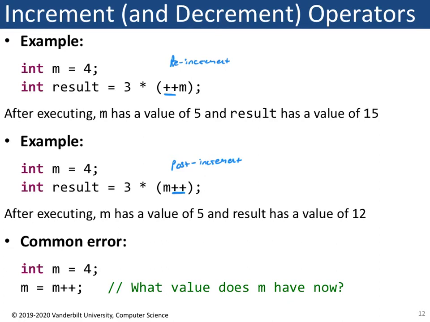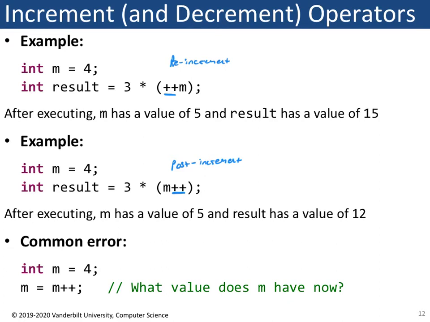The unary operator plus plus is going to increment m first and then return the value of m. So plus plus occurs before the value of m is accessed to give the value of m to the rest of the expression. So plus plus increments m to 5, and then 5 is returned to the expression, and then we multiply 3 times 5 to result in 15.